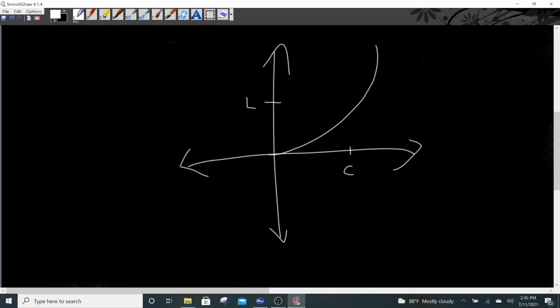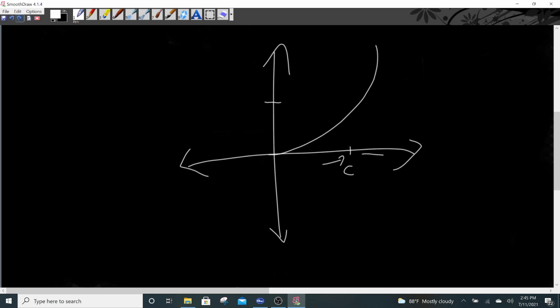Our subinterval of negative delta to delta and negative epsilon to epsilon, as that subinterval gets smaller and smaller, the x values around c, both from the left and from the right, that's important, are getting closer and closer to c.